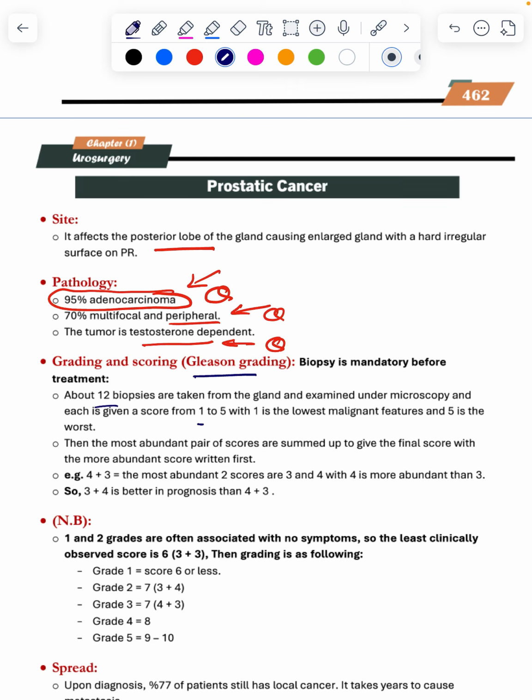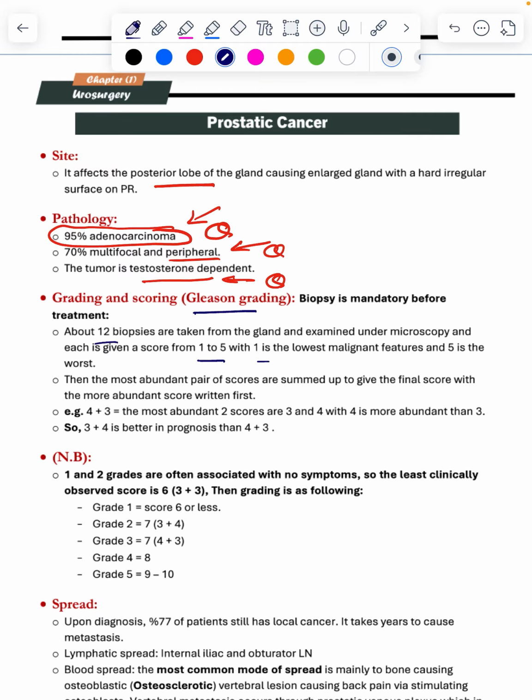Gleason's grading is done. 12 biopsies are taken, each biopsy scored 1 to 5, where 1 is lowest and 5 is worst. The two most abundant scores are summed to give the final score. For example, 4 plus 3: 4 is more abundant than 3. When the first number is smaller, the prognosis is better. This is another question.